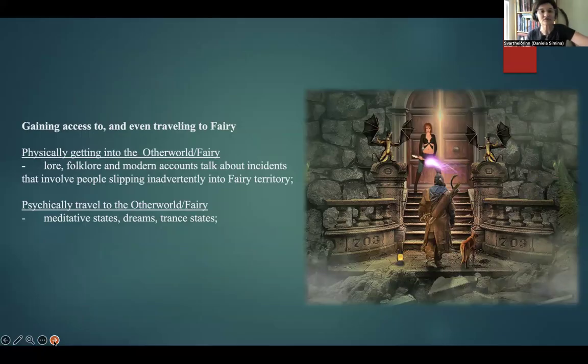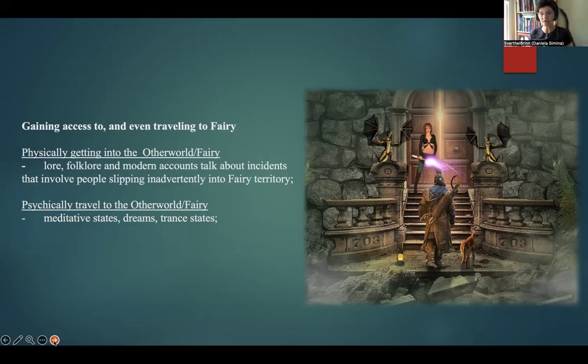Gaining access to and even traveling to fairy, physically getting into the other world of fairy. We have lore, folklore, and modern accounts that talk about incidents involving people slipping inadvertently into fairy territory, and sometimes people willfully knowing how to get there and actually getting there. There are accounts of people falling asleep in places known to belong to fairies, and they wake up and realize they're no longer in the human space.